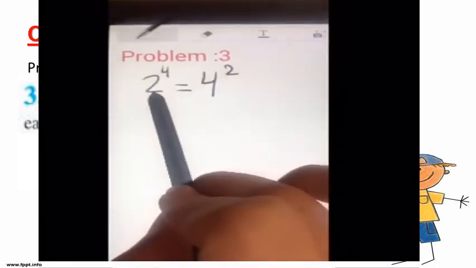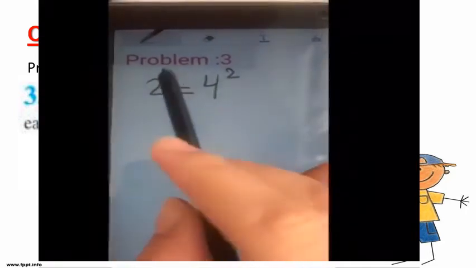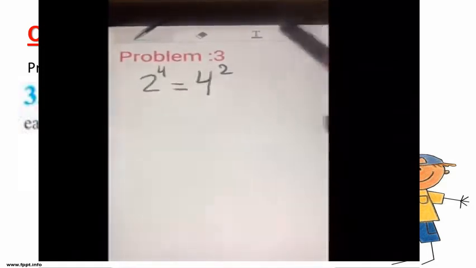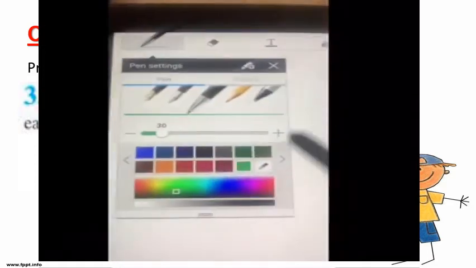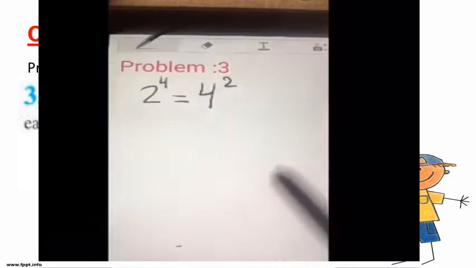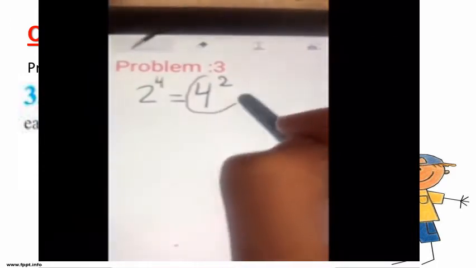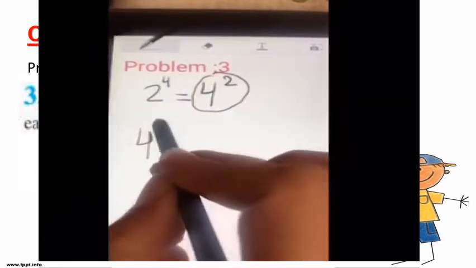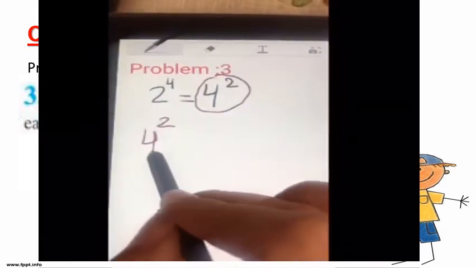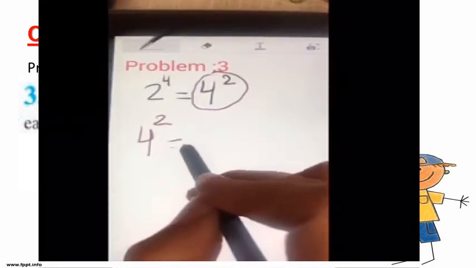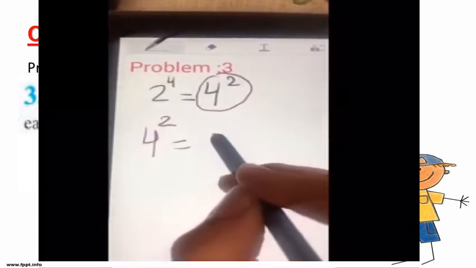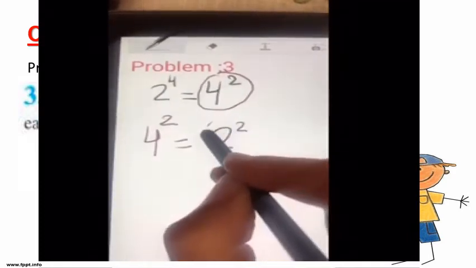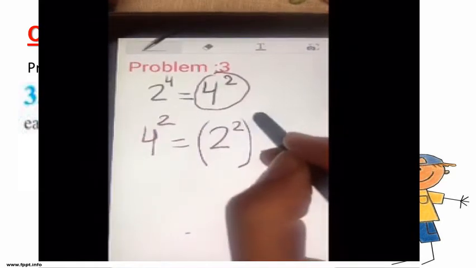If you notice that the base here is 2, I can't work on 2, but the base here is 4. I can work on 4. So I'm going to choose this one and work on it. So 4 squared, look at the base is 4, so instead of 4 I can write 2 squared, and this one I will keep outside, which is 2.